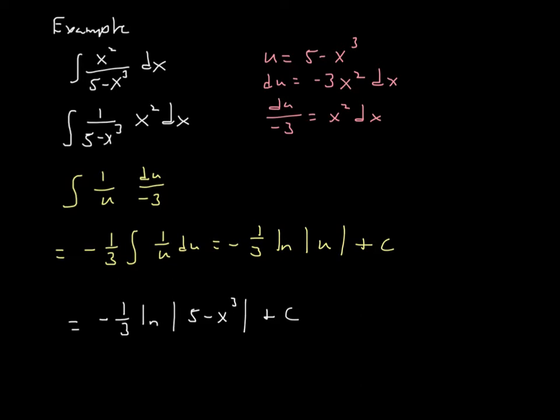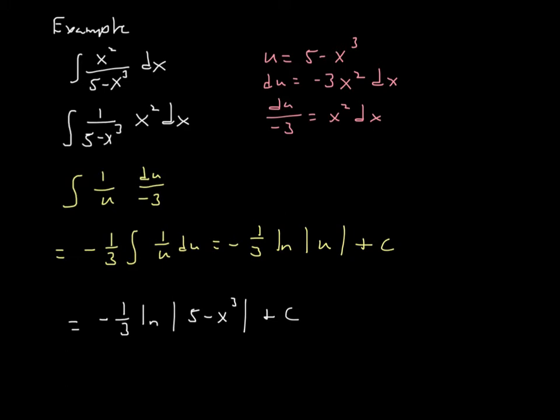A lot of times that means what's in the numerator is going to be part of the derivative of u, so I usually pull that off to the side with the dx. It's up to you though. You do have the choice on how you rewrite this. If you prefer to leave the x squared in the numerator, that's perfectly fine. But as I said, we're going to let u equal 5 minus x cubed.